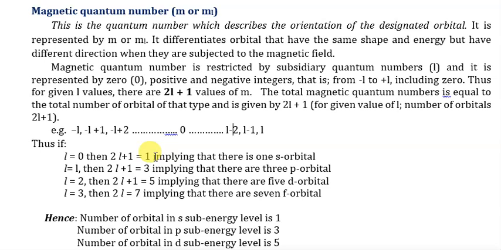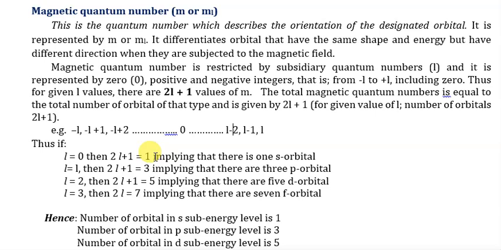L is equal to 0, that means we will have only one subshell, we will have only one orbital, kwa sababu magnetic quantum number inadetermine orbital, sio subshell tena. Subshell ni kwenye azimuthal, huku ni orbital. L is equal to 0, tutakuwa tuna only one orbital which is S. Na kama unakumbuka tulisema L is azimuthal quantum number.